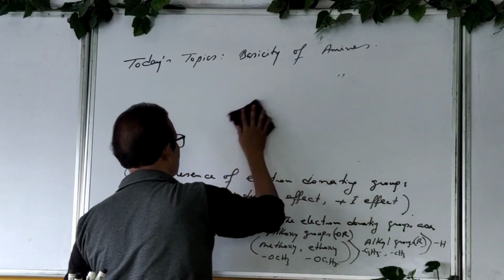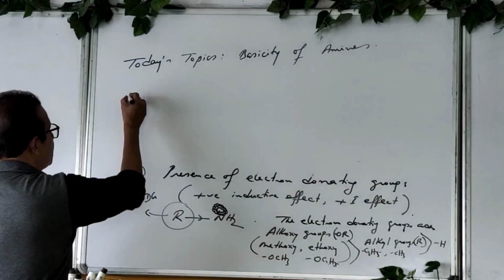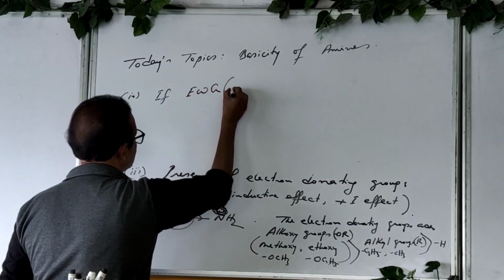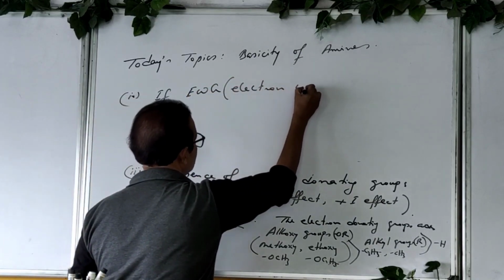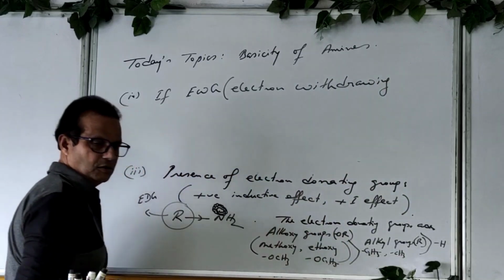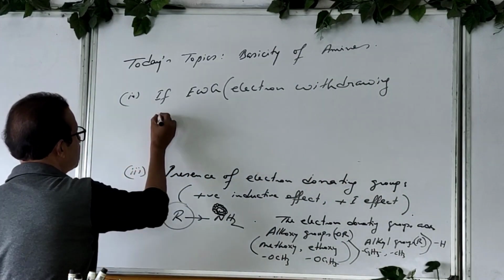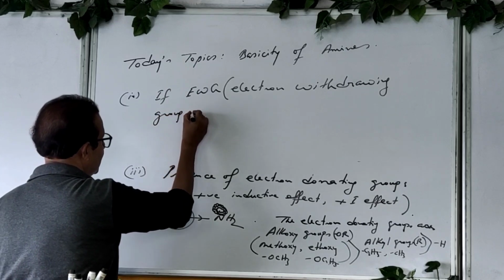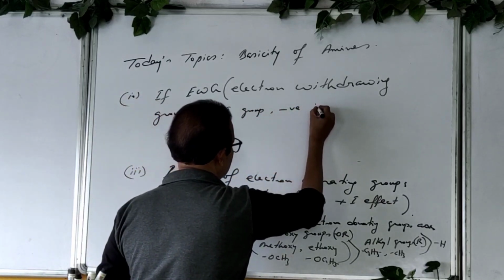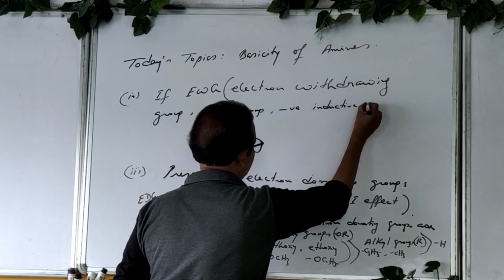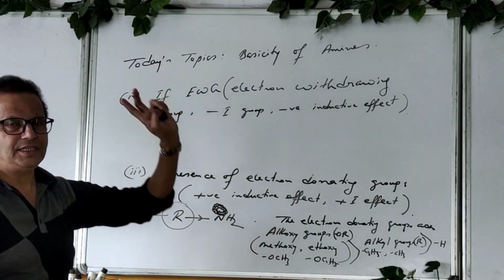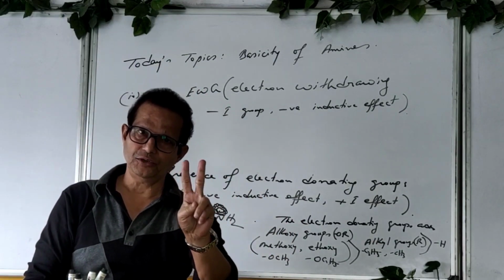that is presence of electron withdrawing group. If an electron withdrawing group is present, that is a minus I group, negative inductive effect, then the density of lone pair of electrons on nitrogen decreases.